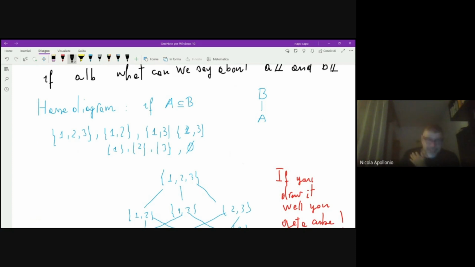And there is a nice way to represent the relation, the inclusion relation, in general the order relation. Yes, I think I spent a few words on order relations. The equivalence relations, you know, are the relations which are reflexive, symmetric, and transitive. Order relations are those relations which are reflexive, transitive, and anti-symmetric.